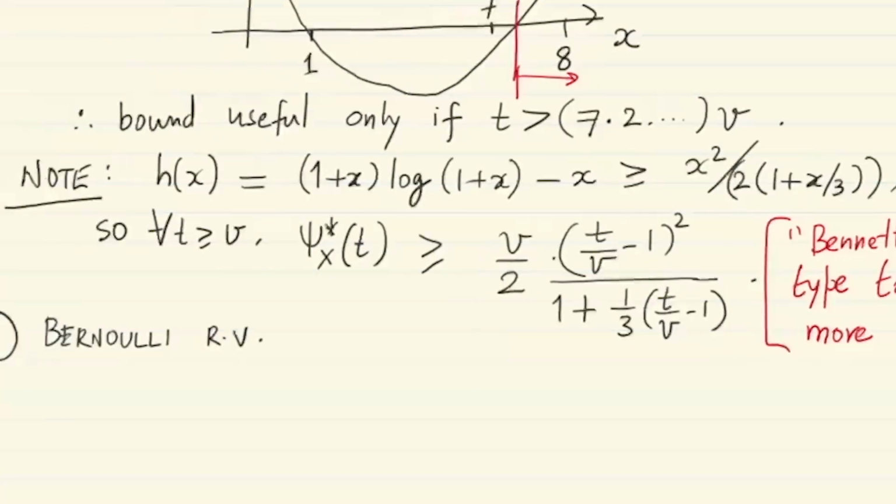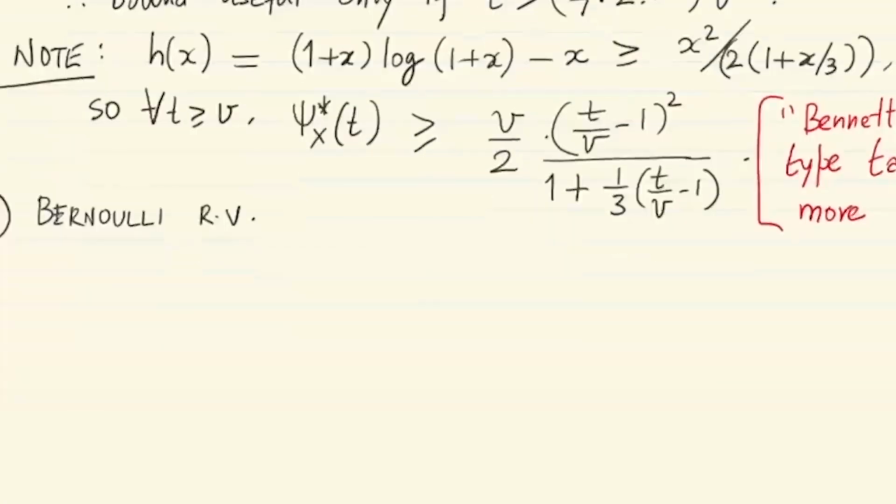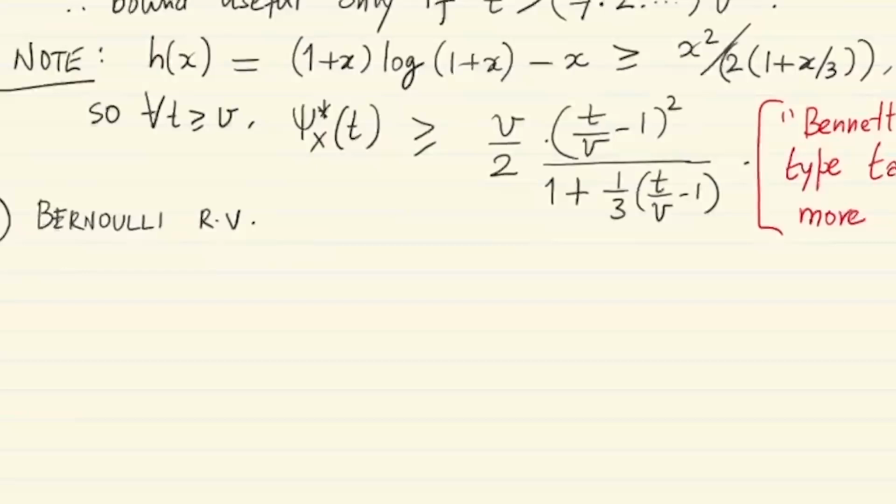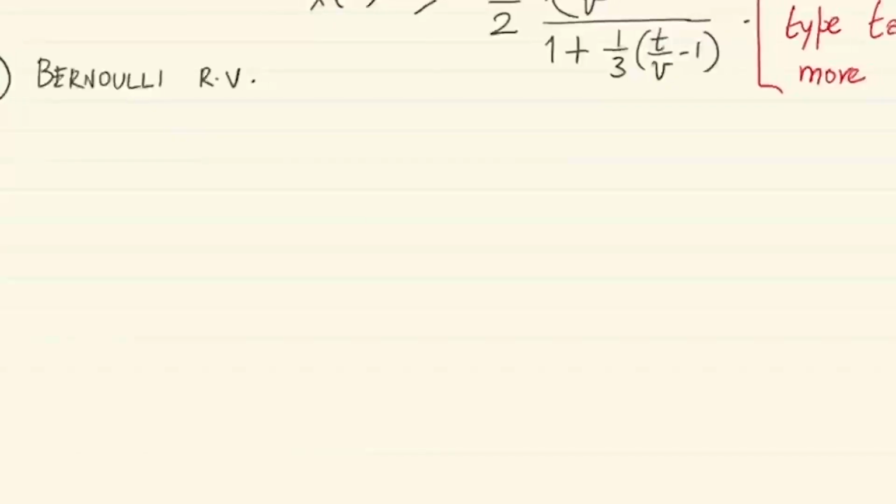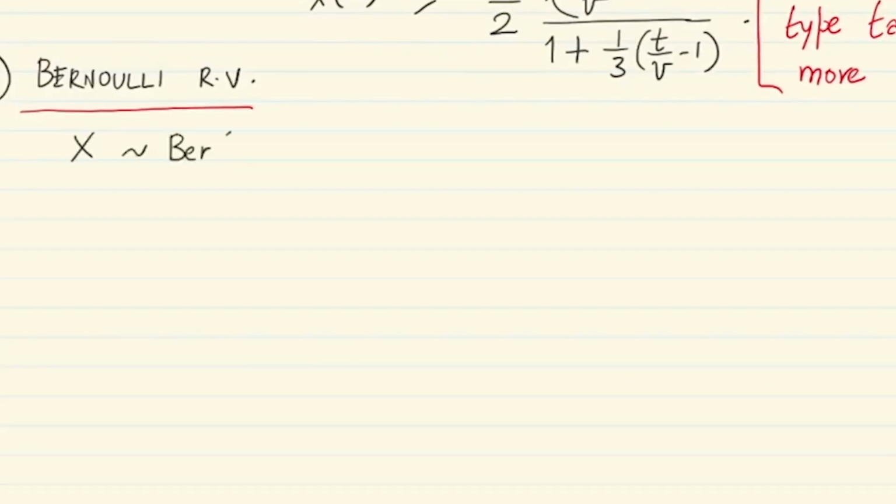This example was just to show that you can get non-trivial lower bounds for the Cramér transform of random variables. The third example is a Bernoulli random variable, which is probably one of the simplest random variables. So let's take x as being Bernoulli distributed with parameter p, and without too much loss of generality we will take p to be less than half.